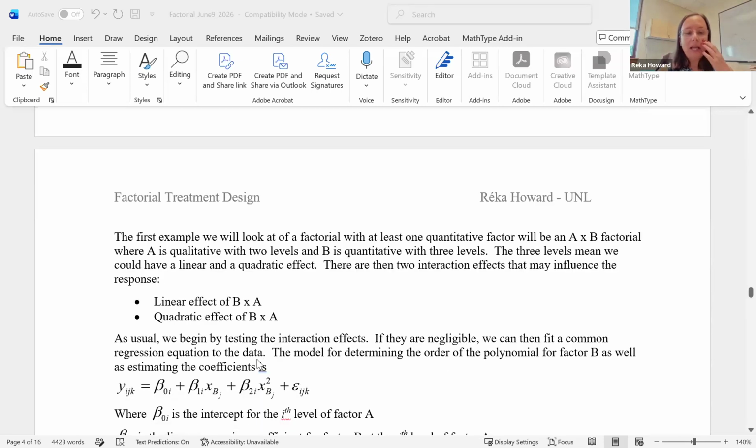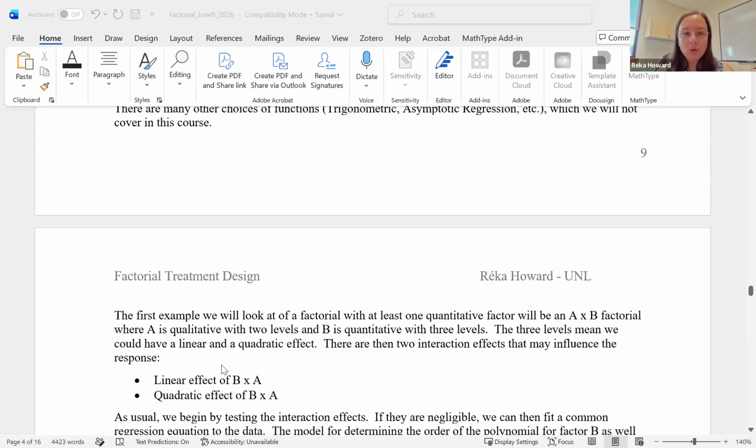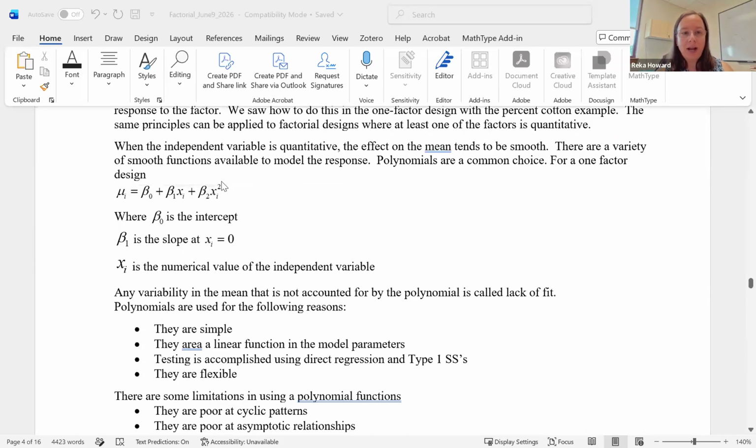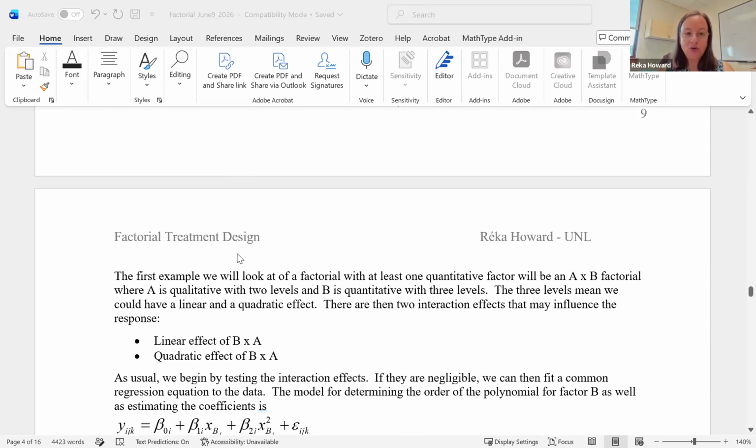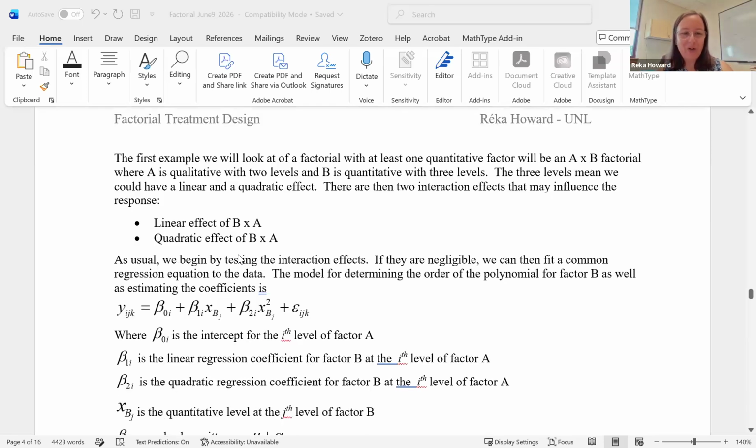So this is how I write this out. You could see that this was the regular polynomial way of writing the model. I have the intercept, the linear part and the quadratic part. Then I complicate this a little bit.